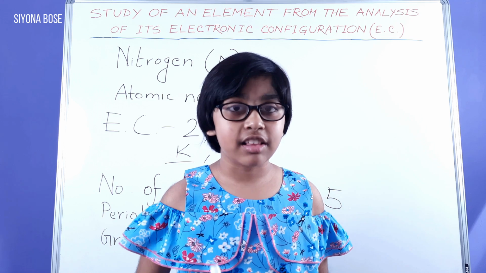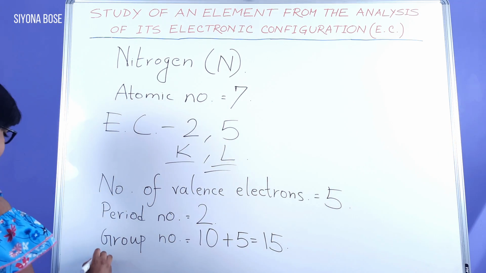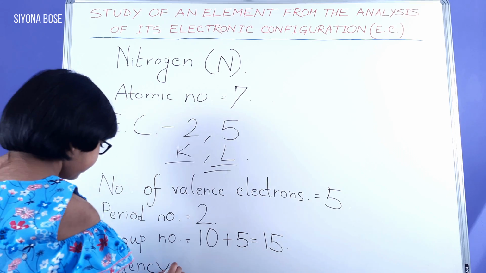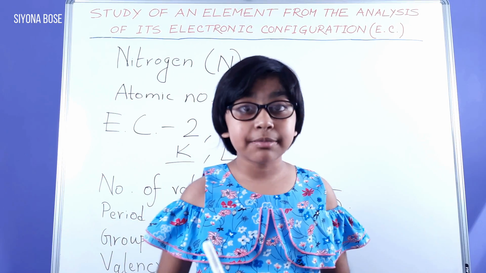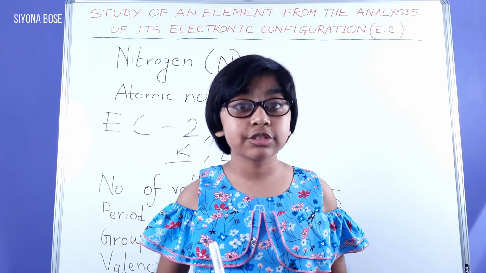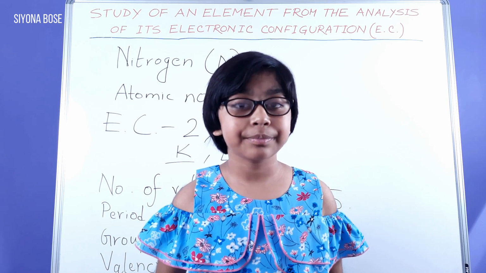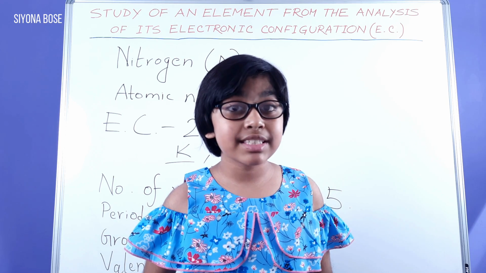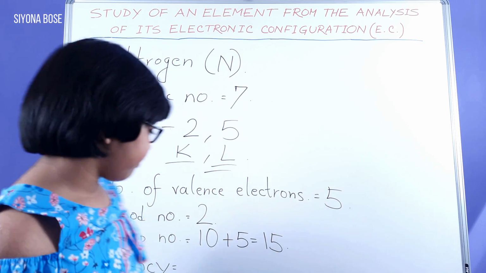After that, valency. Valency is 8 minus number of valence electrons, since number of valence electrons is more than 4. 8 minus 5, 3, gives us the valency of nitrogen, 3.